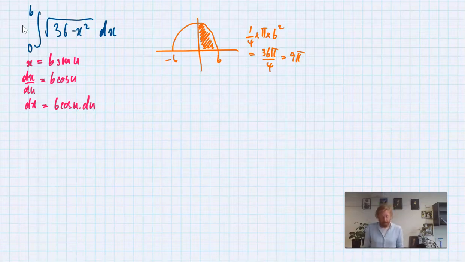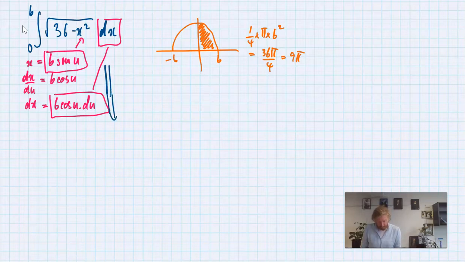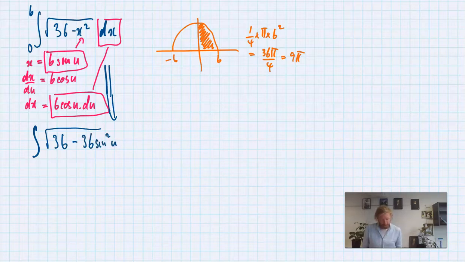Now I'm going to take this and put it here, and take this and put it here, and then this integral is going to become the integral of the square root of 36 minus x squared, which is 36 sine squared u, and then that dx is 6 cos u du.